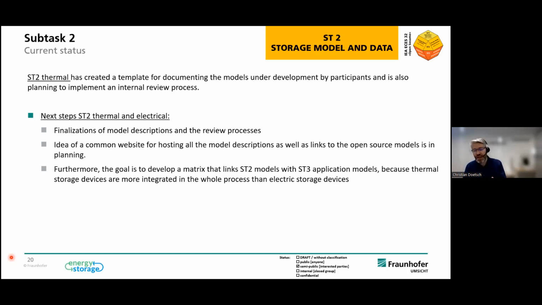I would say a stratified tank could be bought, but many other devices are very linked to the process itself. So this is more complicated to model.